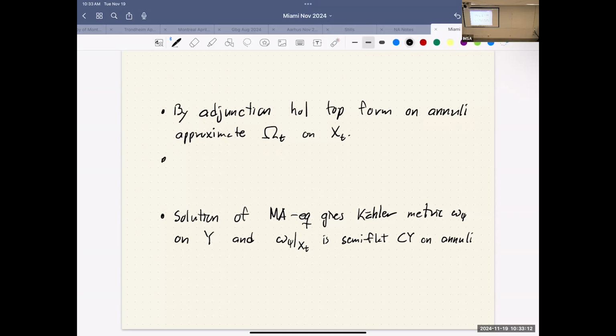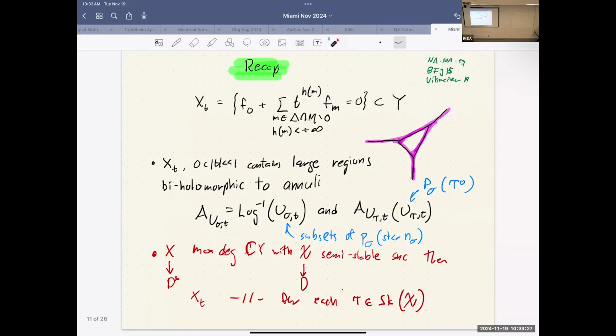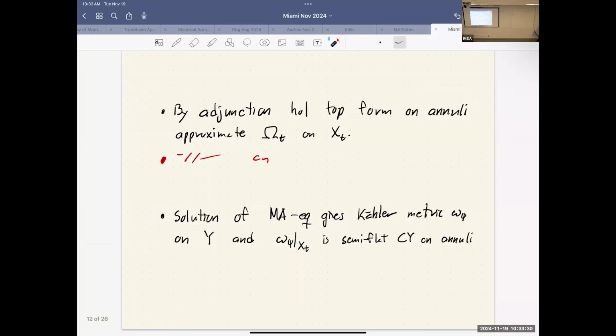And similarly, in this more general setting, by adjunction, the holomorphic top form, not on all of these faces, but the holomorphic top form on annuli corresponding to faces tau in this essential skeleton, the holomorphic top form on those annuli approximates the Calabi-Yau top forms.